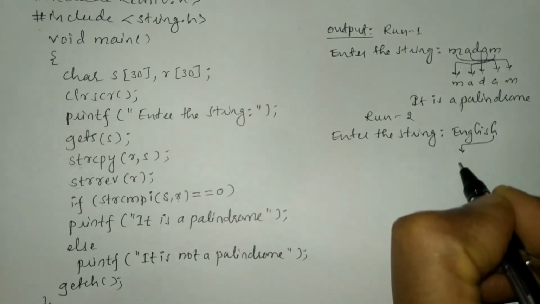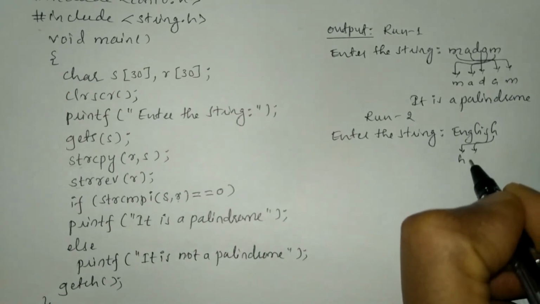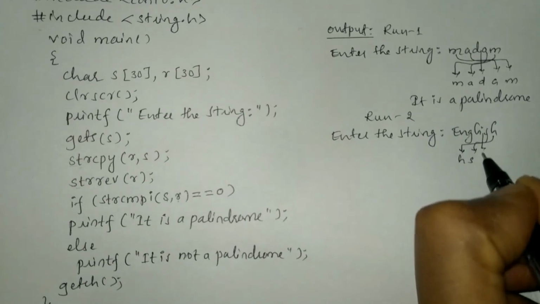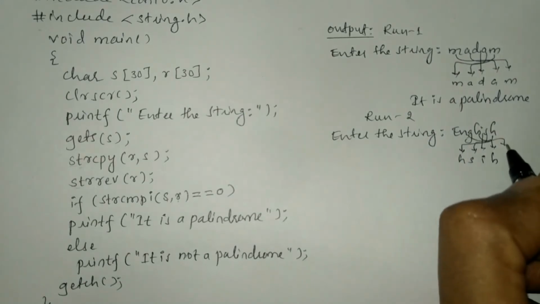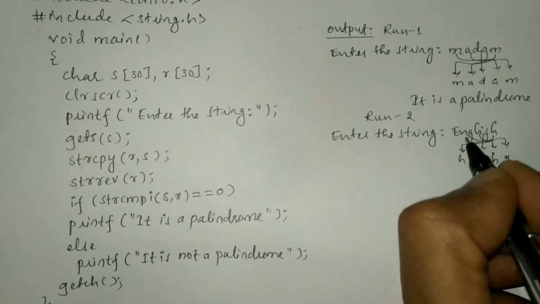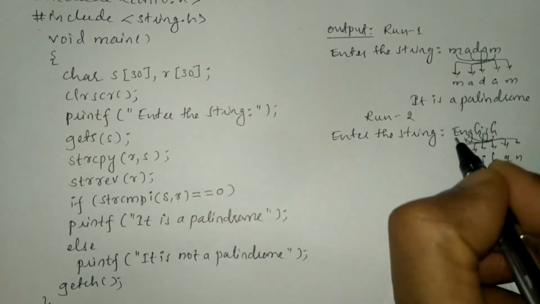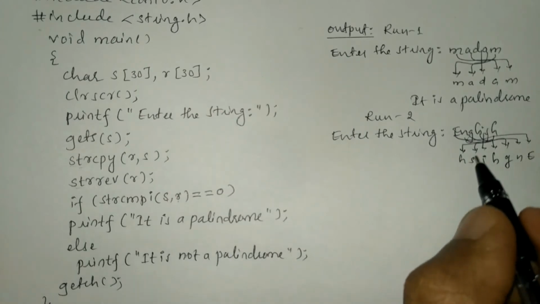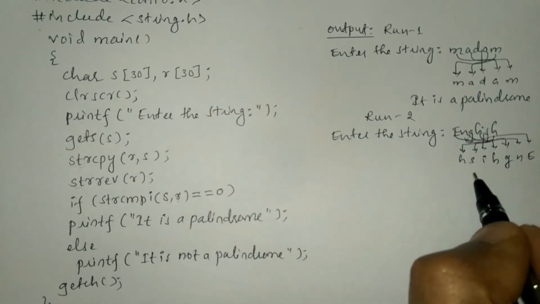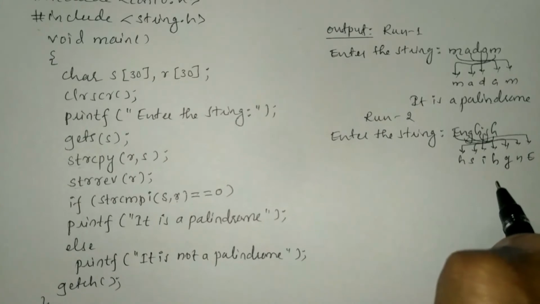So h will come here, next s will come here, i will come here, l will come here, g goes there, next n will come here, and e goes to that side. Okay, so even after reversing you cannot read it as the original string.